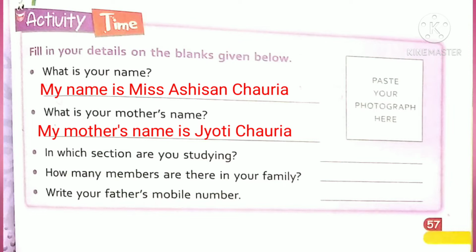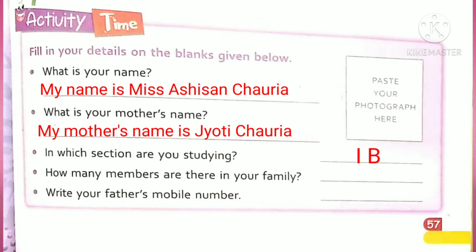Question number 3: In which section are you studying? We are going to write about the section in which we study. I am studying in section B, so you have to write B there. Class 1 B. Question number 4: How many members are there in your family?